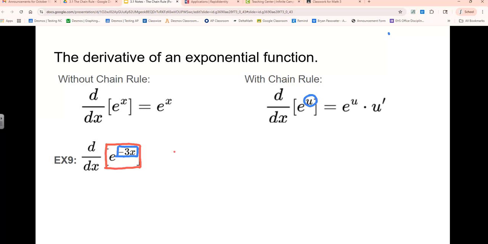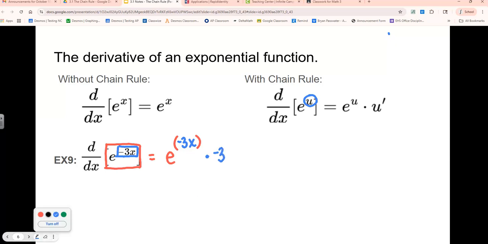So, to take this derivative, the derivative of an exponential is itself. So, the derivative of e to the stuff is e to the stuff. Okay? The stuff stays the same right there. But then you must multiply over here to the side by the derivative of the stuff, which in this case is negative 3.